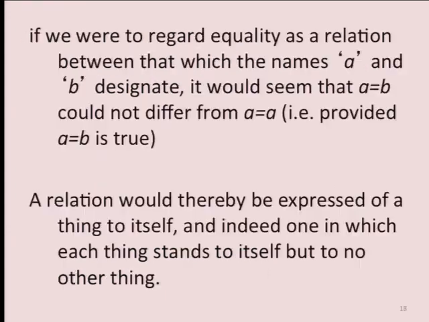And here's his argument. I just want to work through this because it's not quite straightforward to follow in the text. "If we were to regard identity as a relation between that which the names A and B designate, it would seem that A is identical to B could not differ from A is identical to A, provided A is B is true."